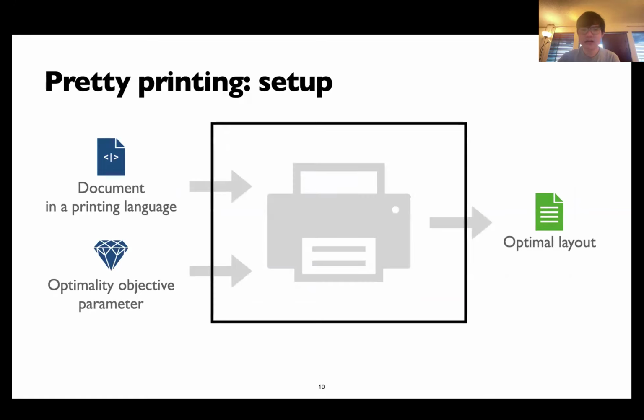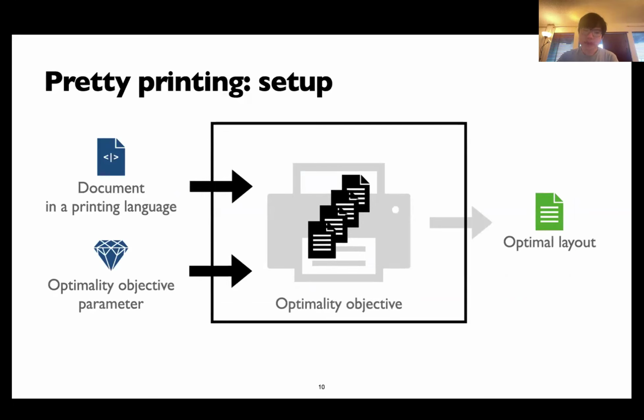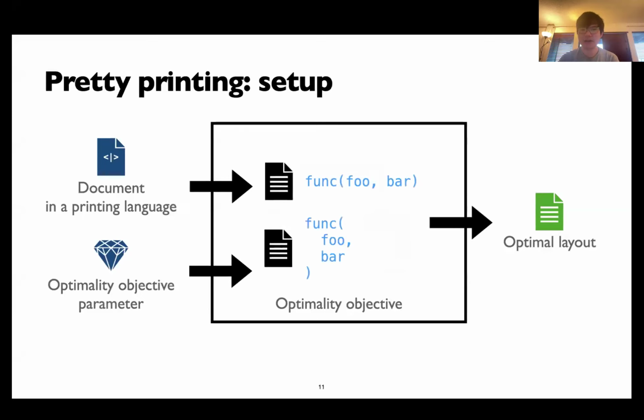In particular, the document encodes a set of layouts. A combination of the optimality objective built into the pretty printer along with the parameter then determines the optimal layout, or an optimal layout. And the pretty printer's job is to pick this layout and then present it to the user. As an example, let's say that I have a document that encodes these two layouts.